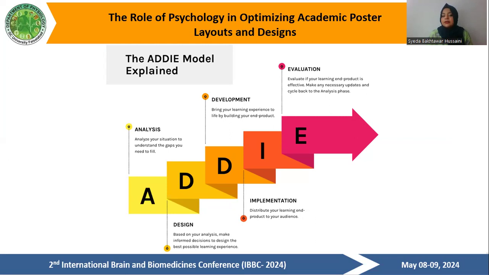In this step, after the analysis of the problem, we finalized the topic for the poster, what we have to do in those posters, and what type of posters we have to consider. All these categories and steps were considered in the design stage. The third is development, in which we actually developed the poster on which we conducted the questionnaire and the research methods.